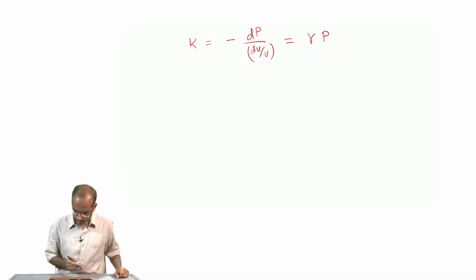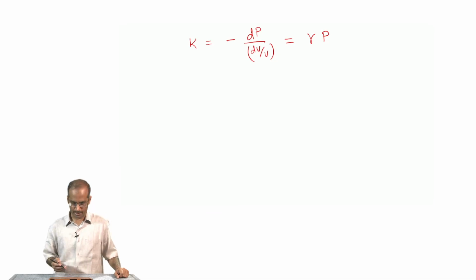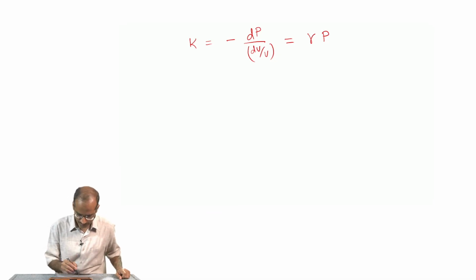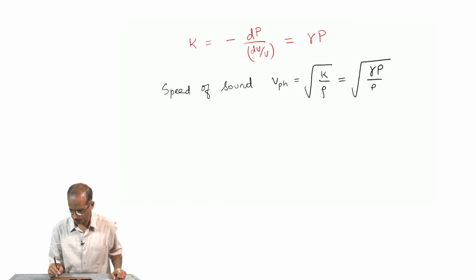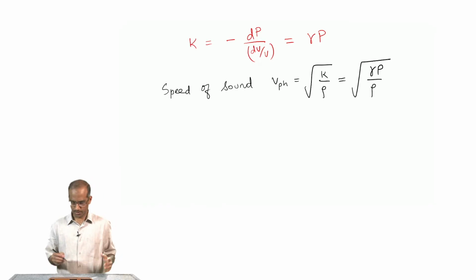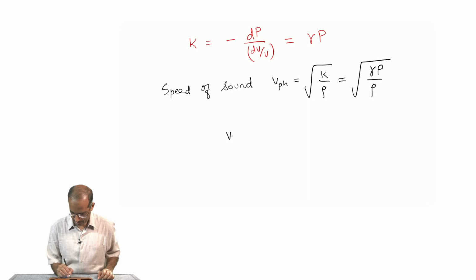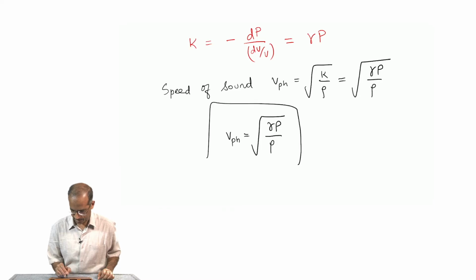Now, all I need to do is to simply substitute for k back in my formula for speed of sound, square root of k by rho, which is equal to square root of gamma p by rho. So, this is the standard formula for the speed of sound.